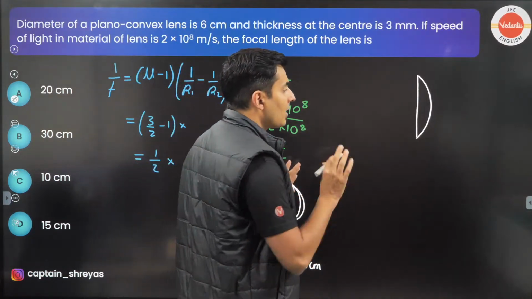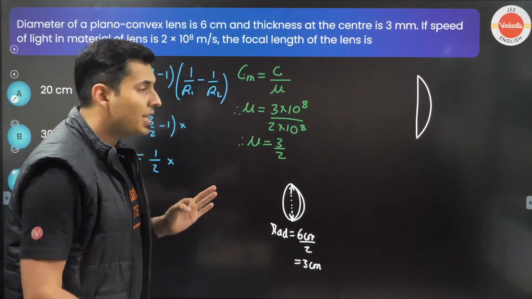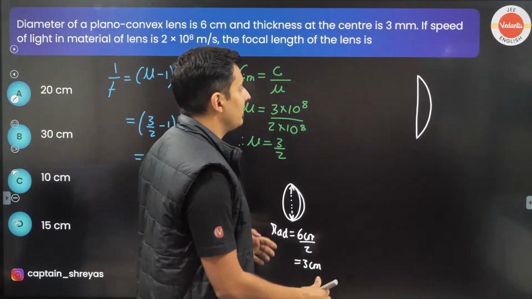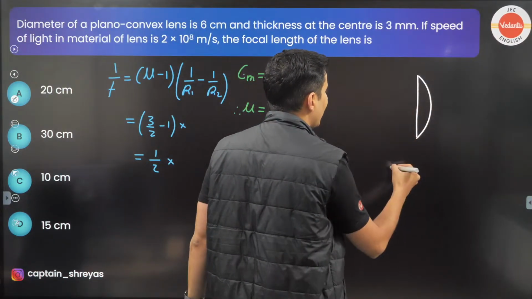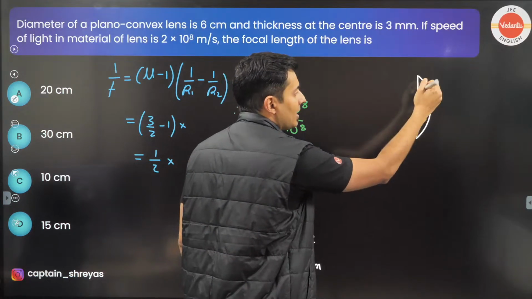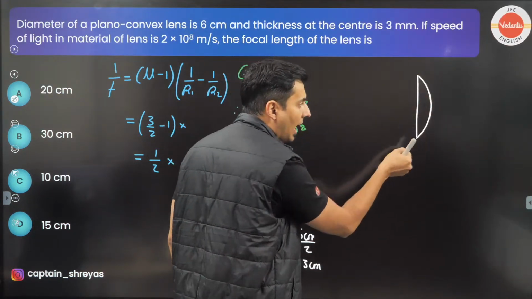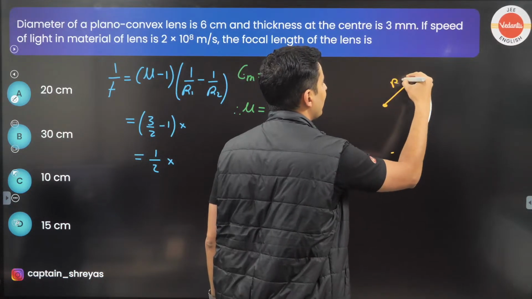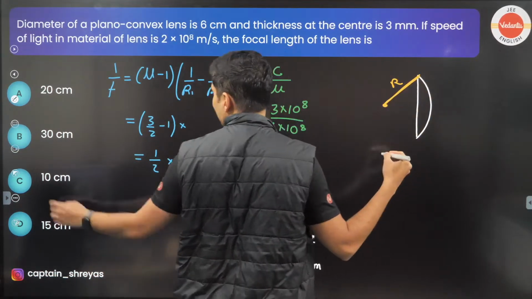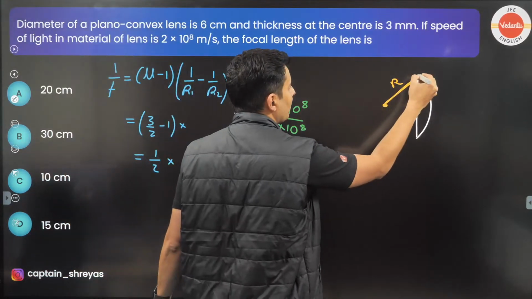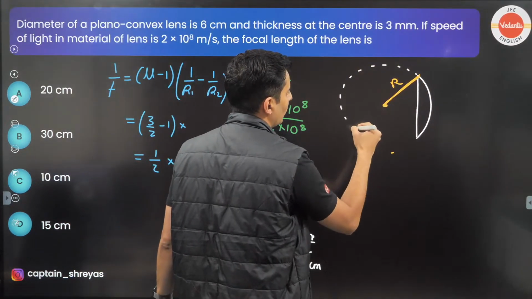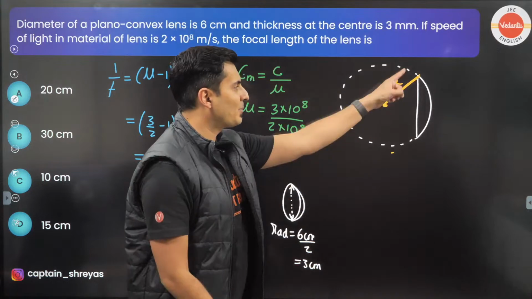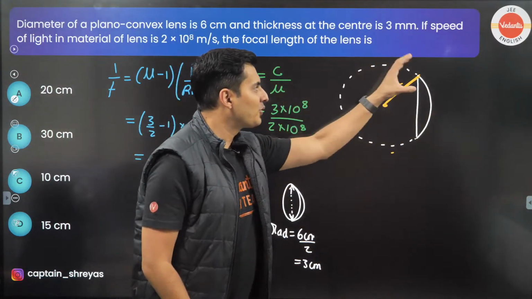Cool? Okay. What I need is the radius of curvature. That's a completely different thing. So if I think of a big circle which this arc is a part of, the center of curvature will be here. This would be the radius. Just visualize this and try to also imagine a big circle right over here. So this plano-convex lens is a part of a big sphere.